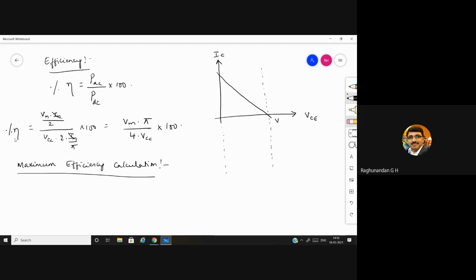Okay, so in order to find the maximum swing, let us first substitute for Vm. So how do we find Vm usually? Or is there any other way to express Vm?